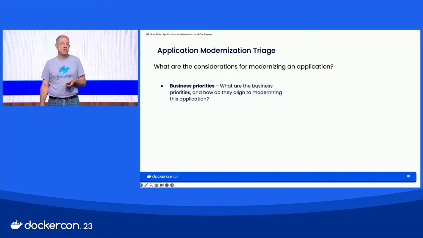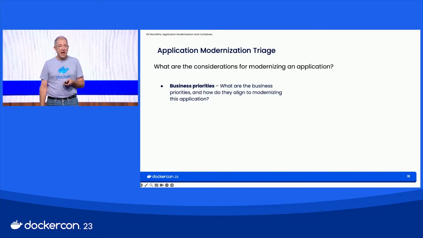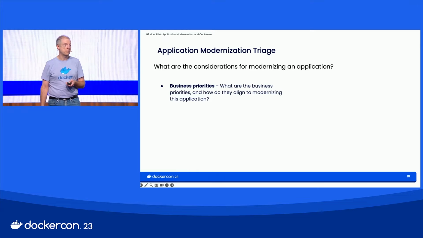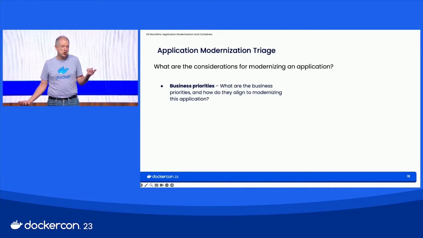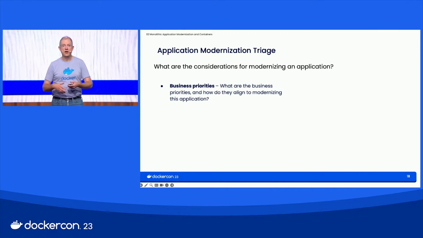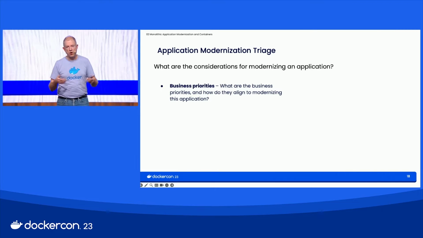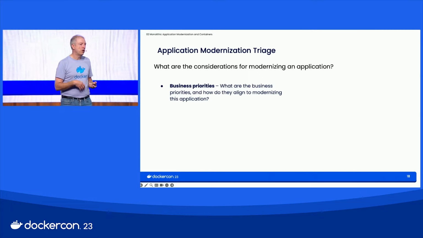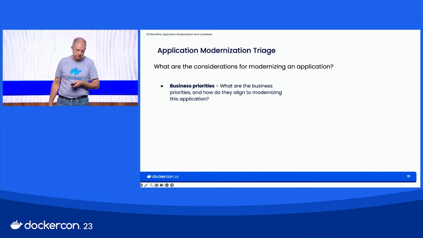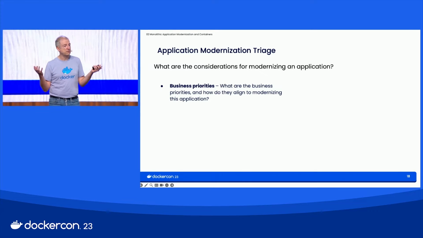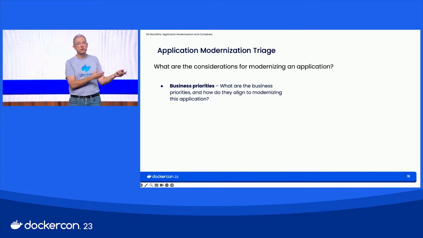The only time I've ever seen that happen is when that application is behaving so badly that it's causing news on its own. That's when the business actually stands up and says something's got to be done. Otherwise, nobody's ever going to say that. They're going to say, we want more customers. We want more profitability. We want to add new features, functionality, that kind of thing. So how does modernizing that application fit to those business priorities?